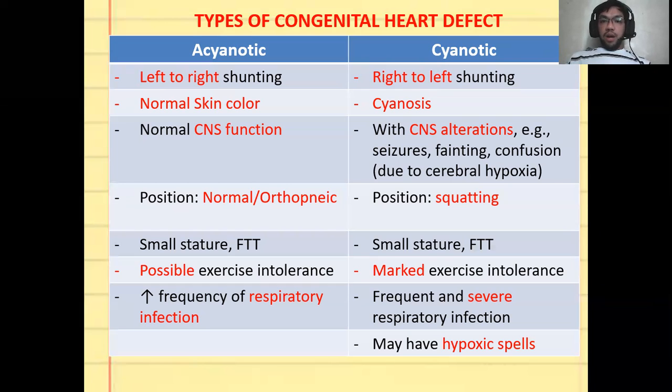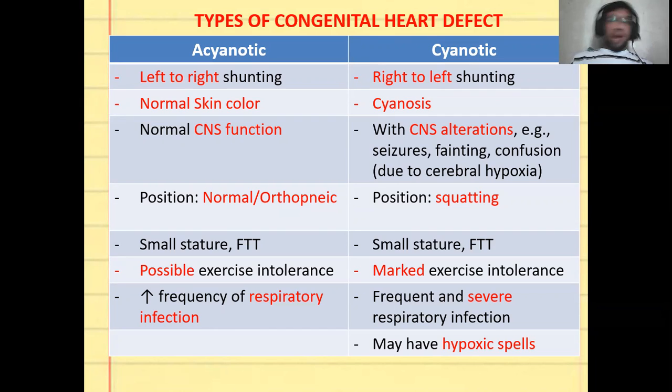Next, cyanotic. There's now right to left shunting. So this is dangerous because the blood from the right side of the heart, which is unoxygenated, will immediately shunt to the left, bypassing now the pulmonary artery, which is supplying the lungs with unoxygenated blood in order for the blood to gather oxygen.